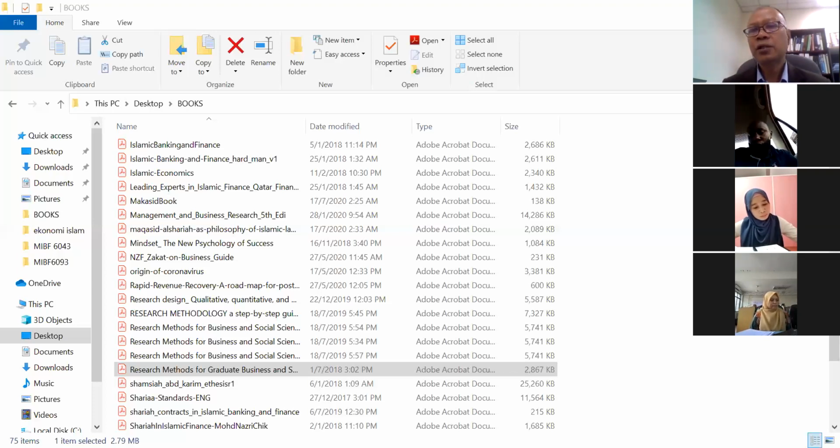In pure research, you don't have to have a real life problem. The problem in pure research is the research gap.